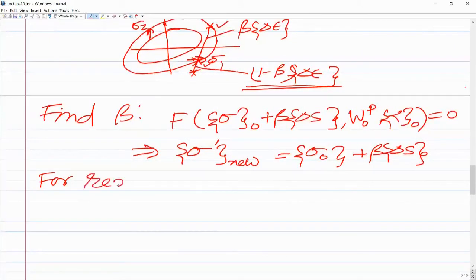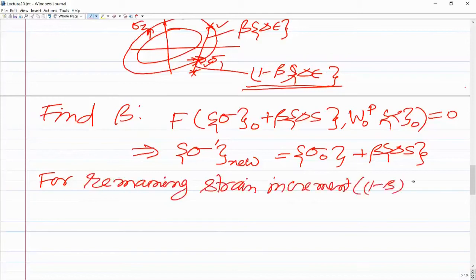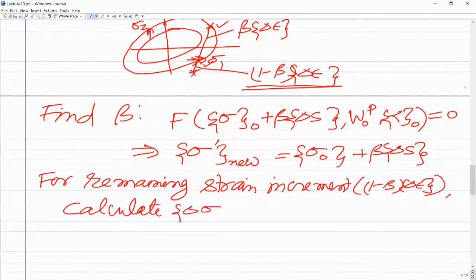So for the remaining strain increment, that is 1 minus beta times delta epsilon, calculate delta sigma, the way we explained already in lecture 18, and then you update the stress.